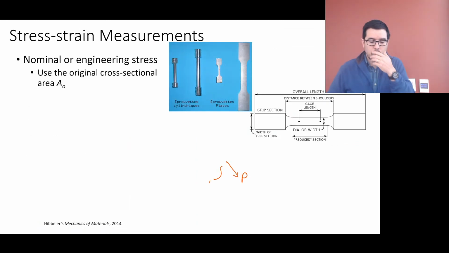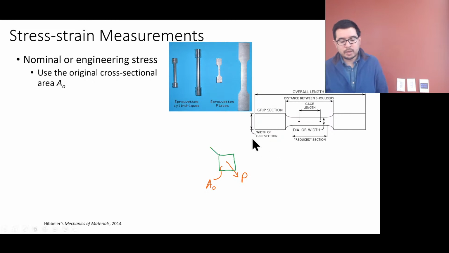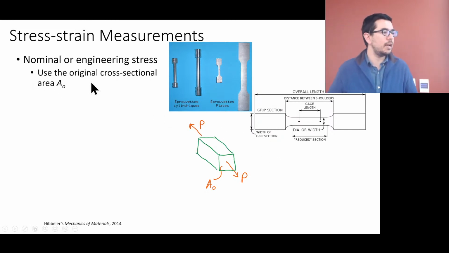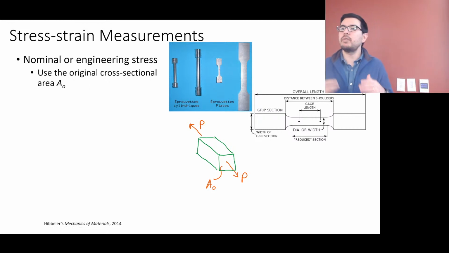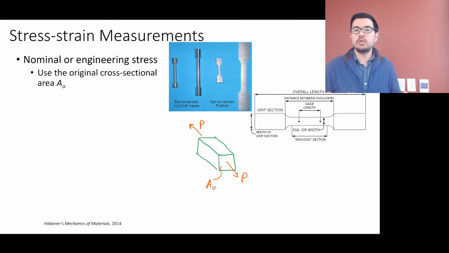So when we perform these tests, typically for metals, or alloys where we have small strains for a given amount of stress, we use what's called the engineering stress. And the engineering stress is based off the original cross-section.